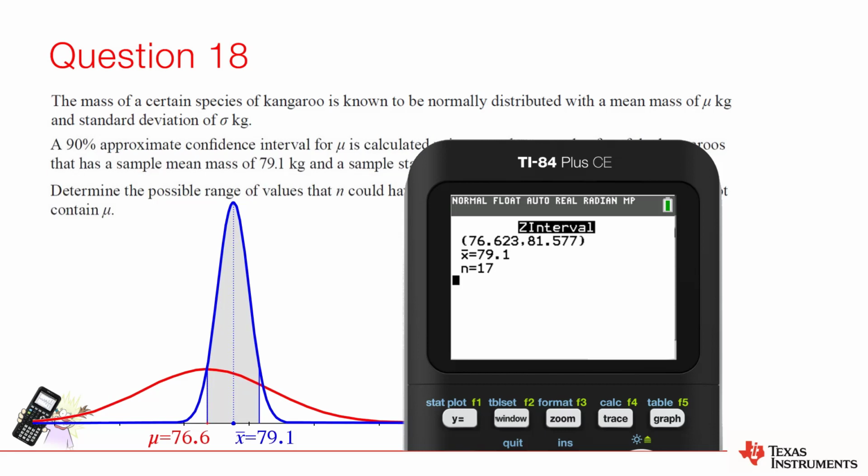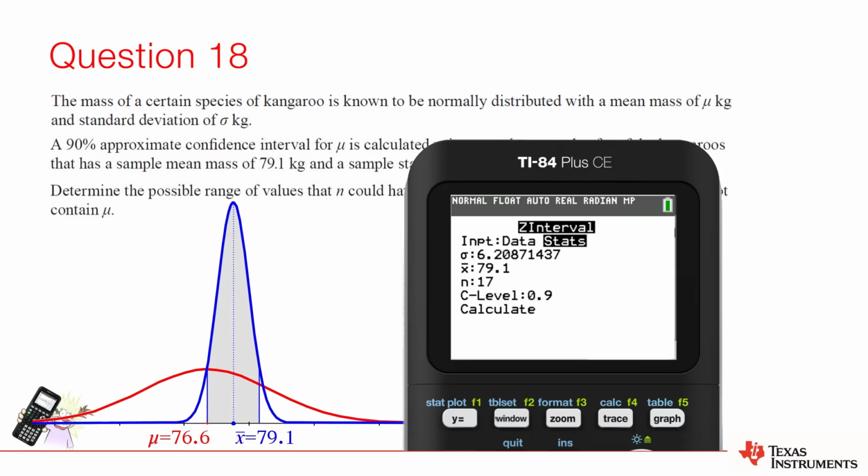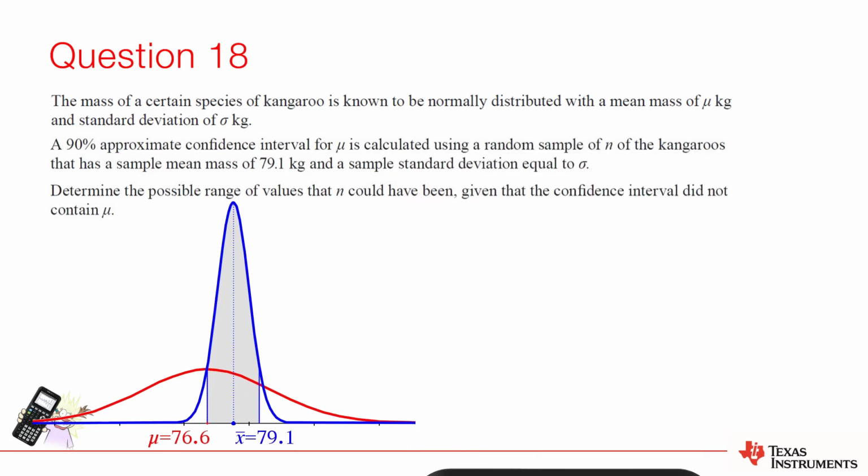The interval it returns just includes the population mean of 76.63, as we expected. If we repeat this process with n equals 18, we see that the 90% confidence interval no longer includes the population mean. So our answer is n equals 18.